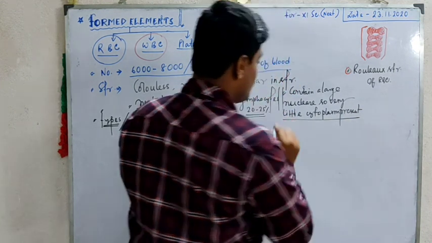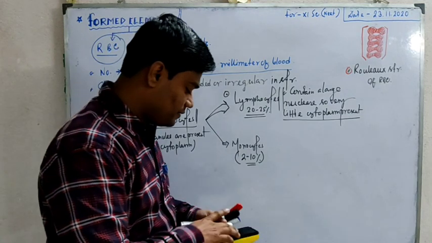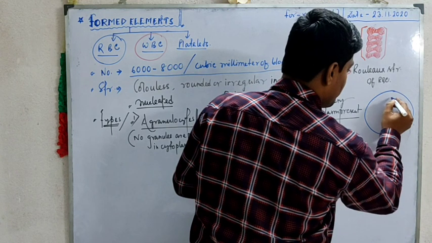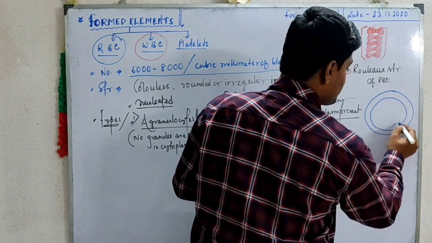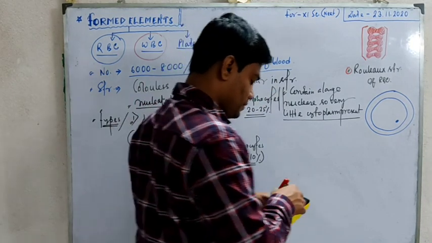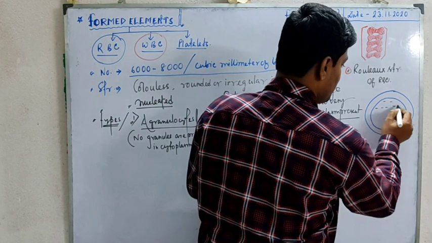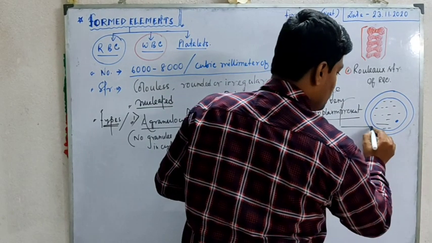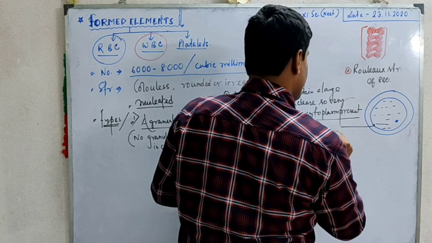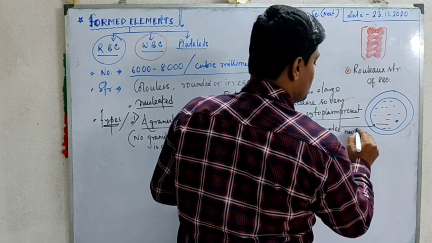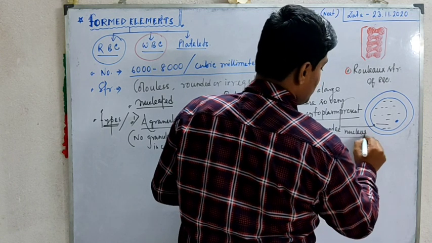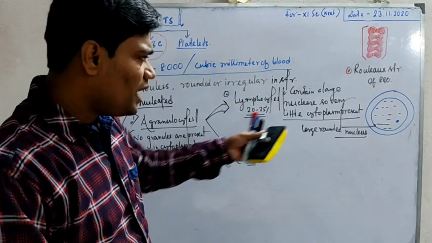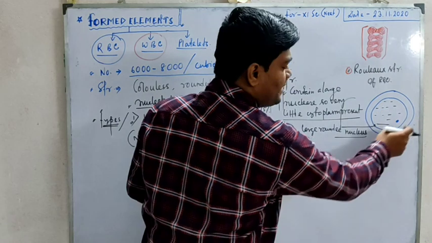We will draw a clear picture of lymphocyte. That is the lymphocyte, where this is a large rounded nucleus. There is a scanty cytoplasm, very scanty or little, and there are no granules present in cytoplasm.